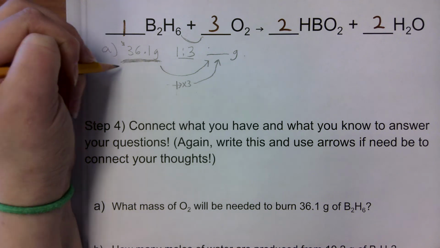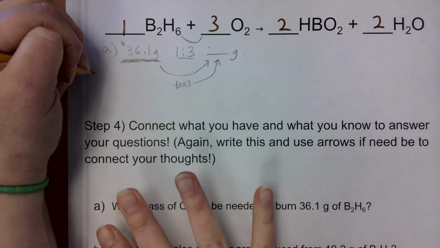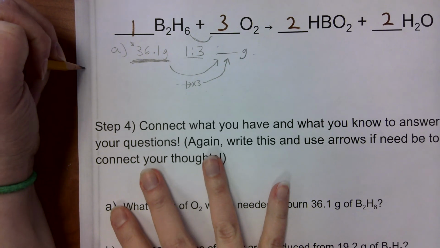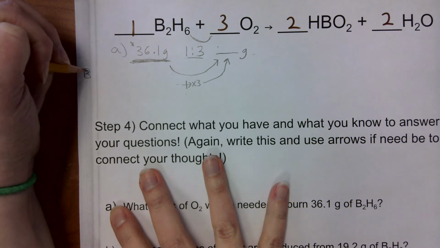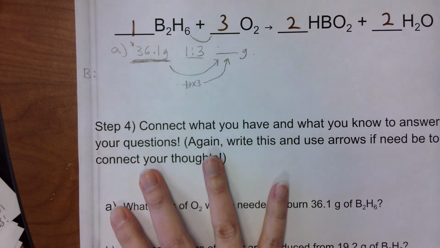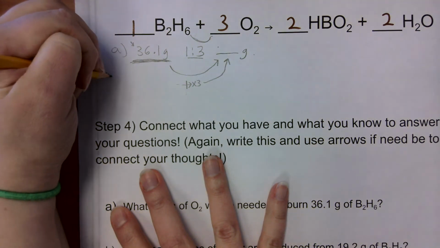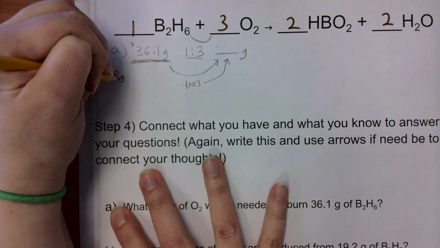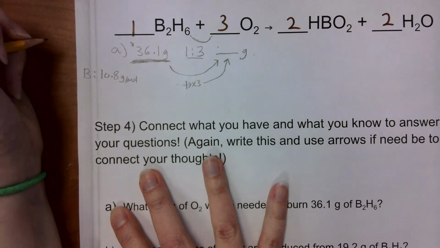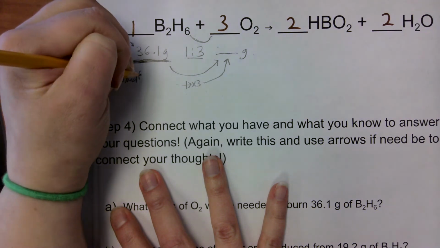So for example, diboron hexahydride, let's find the molar mass of that. So boron, it says, is 10.8 grams per mole. We have 2 of those.